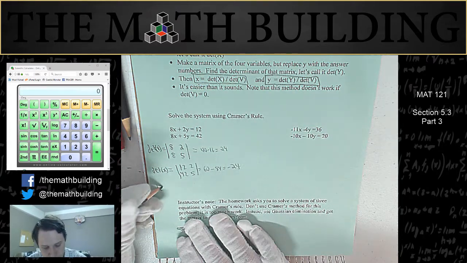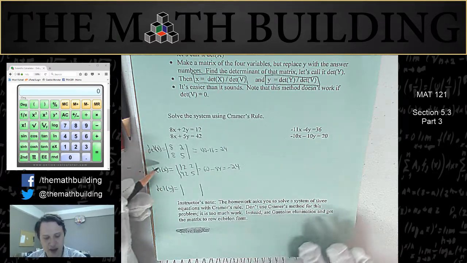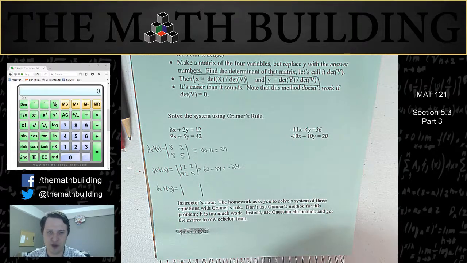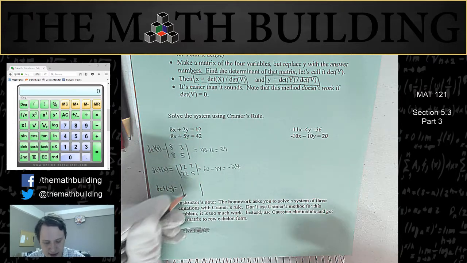And finally, we do the determinant of y. I came up with these names to help me remember how to do this. You might see other teachers or books do it slightly differently, but this is how I do it. Like with the x's, this time we replace the y's with the answers.